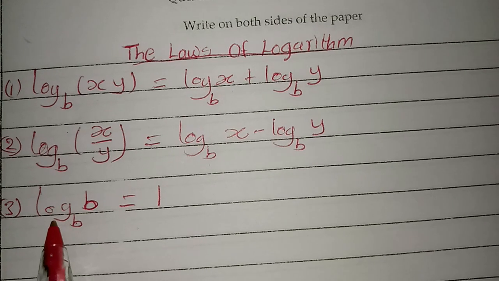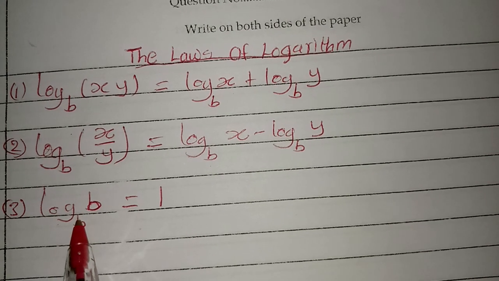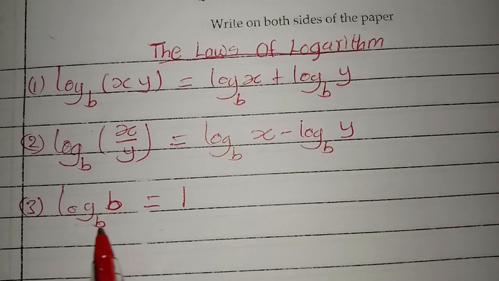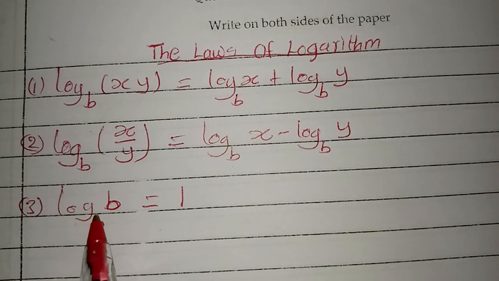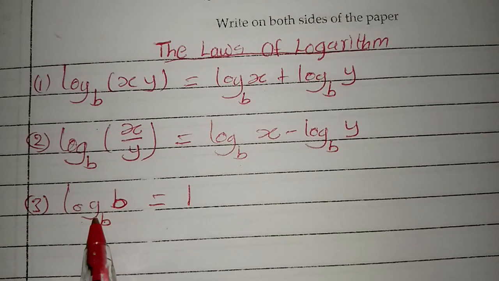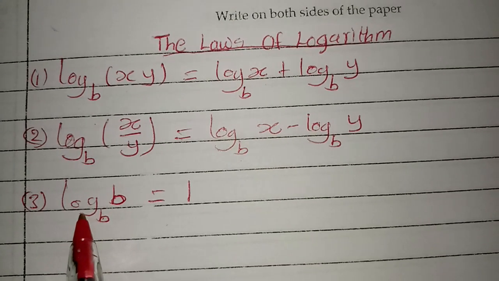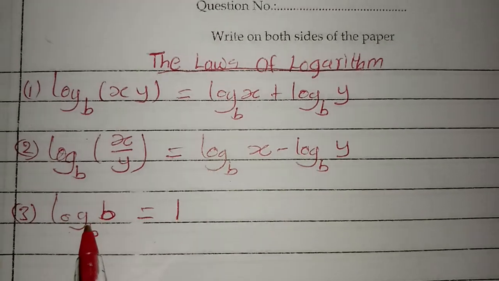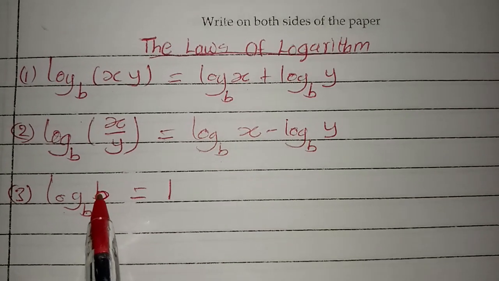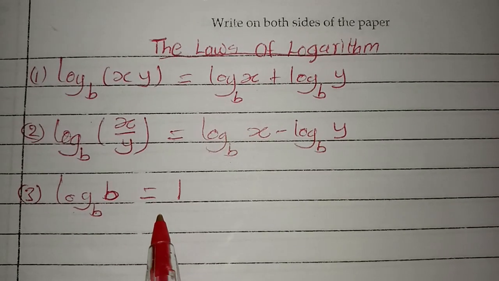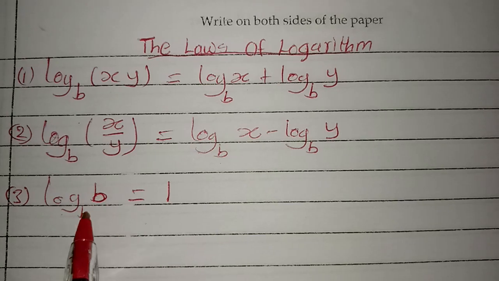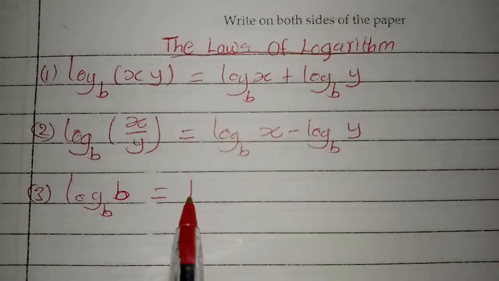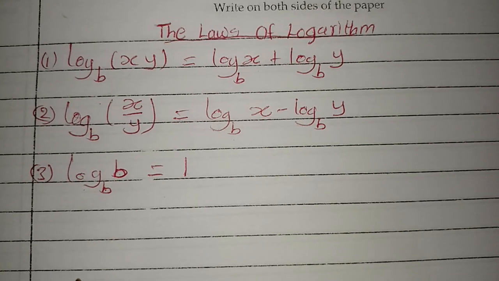If it is log 2 to the base 3, you're not supposed to get 1. So to be able to get this, the log of a certain number must be to the base of the same number. So for instance, log 5 to the base 5 is still 1, log 10 to the base 10 gives you 1. So that's what it means.